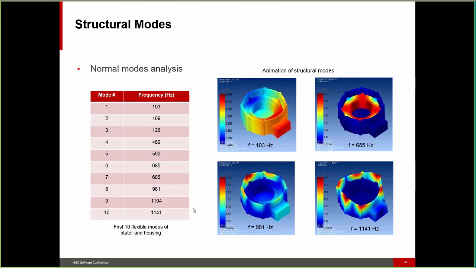Keep in mind that the stator and the housing are connected. So this is the 1st, 6th, 8th, and 10th natural modes of vibration of the stator and its housing. And on the left-hand side, you can see the first 10 natural modes of the stator and the housing.